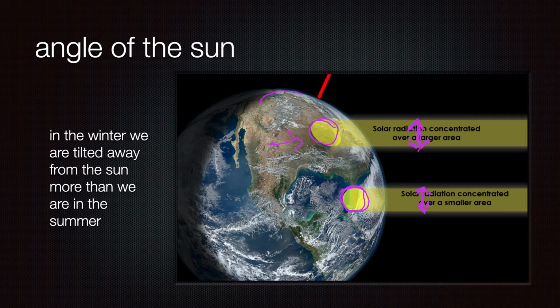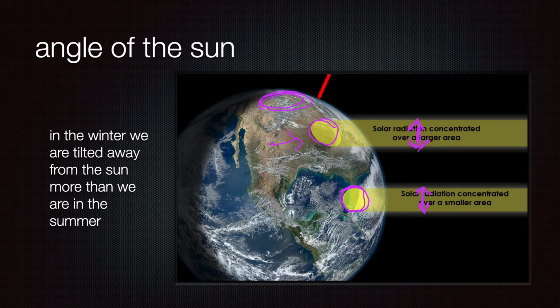If I did it up here at the pole, it would be much more exaggerated. So you have what's called less energy density. There's less sunlight per area striking the ground when the ground is slanted away from the sun.